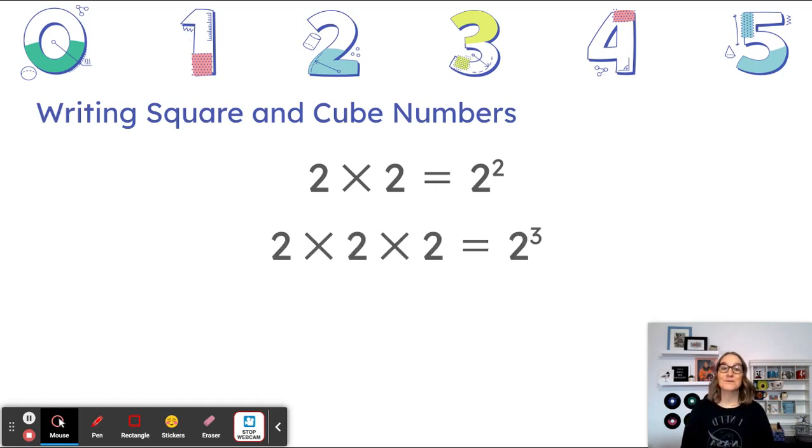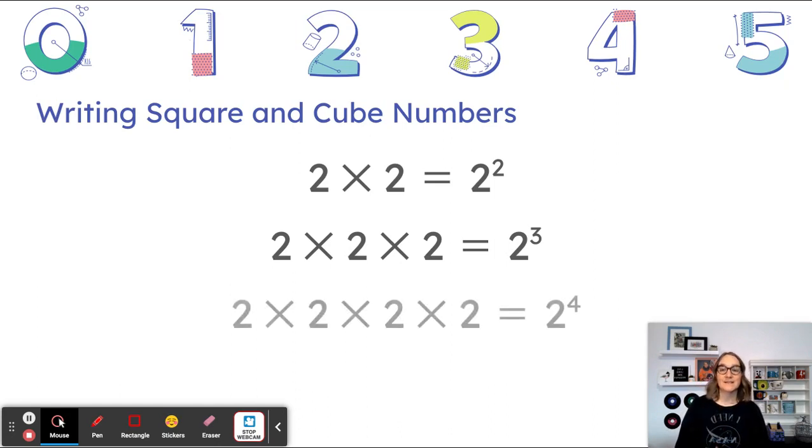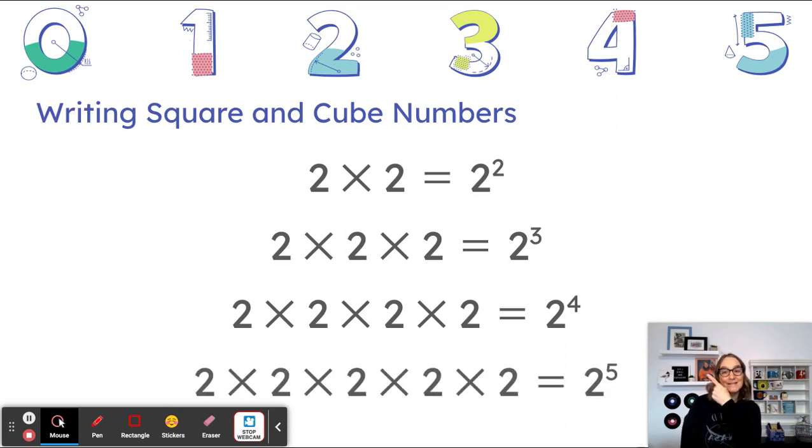That's right, 2 cubed, or 2 with a tiny little 3 up in the upper right-hand corner. Now, what if I wanted to figure out 2 times 2 times 2 times 2? Well, I would write it like this. And how about 2 times 2 times 2 times 2 times 2? That's 5 times. I would write it like this.